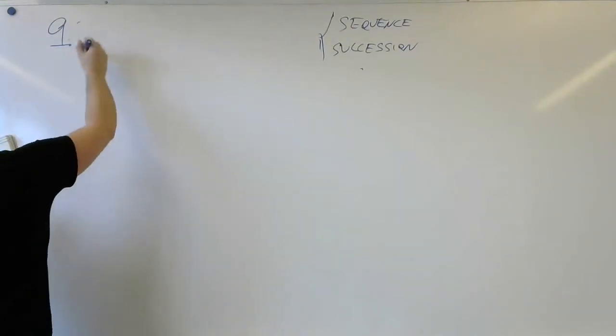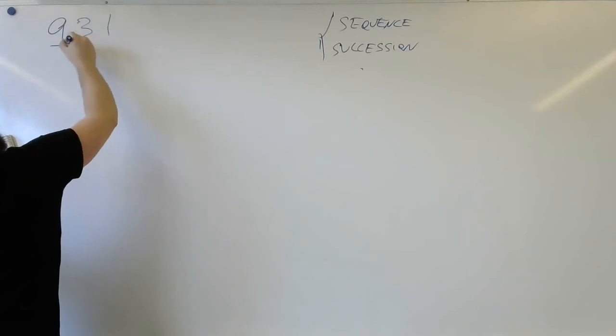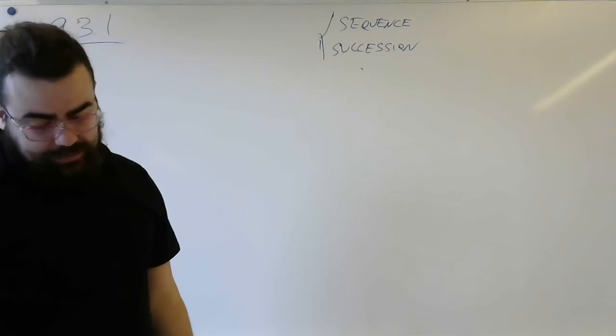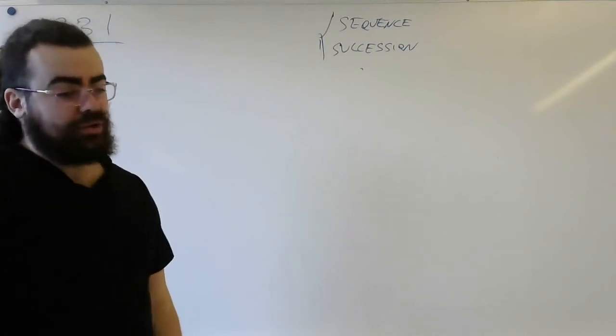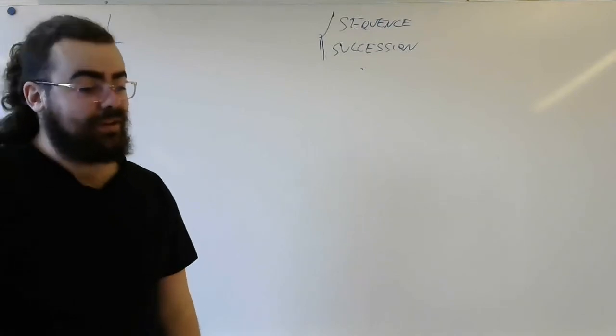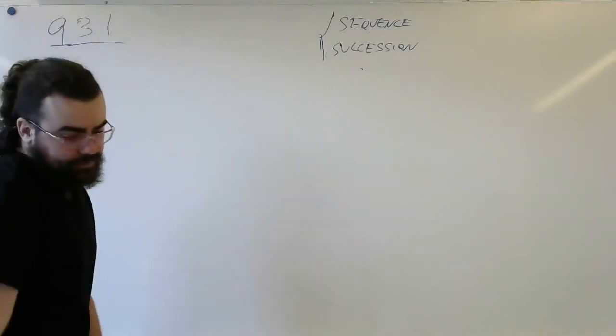So moving on. Most of the series that exist, we don't know how to sum them. However, one thing we know is how to determine if the sum is finite or not.